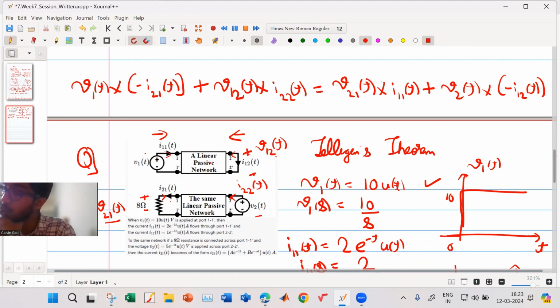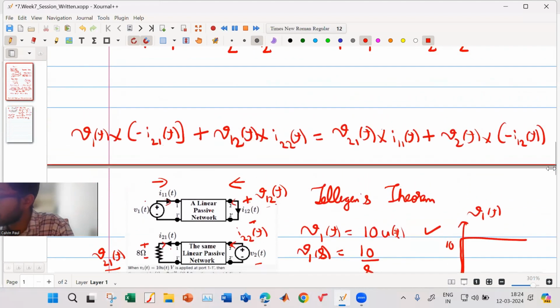I asked V12 of t. V12 of t is 0, the circuit is short circuit. Okay, it is 0. So this part becomes 0.